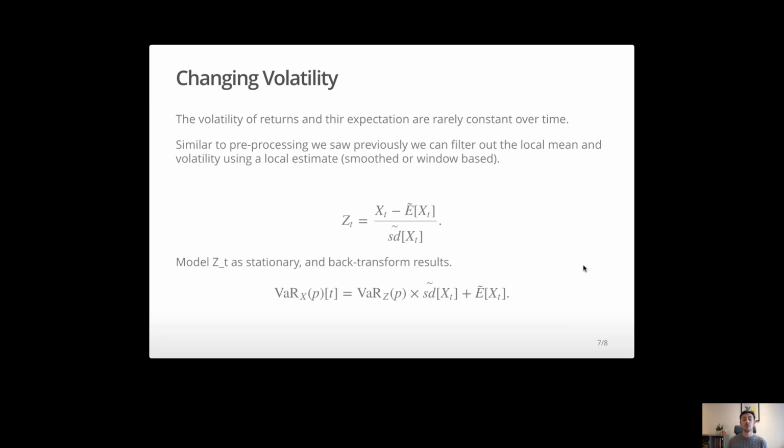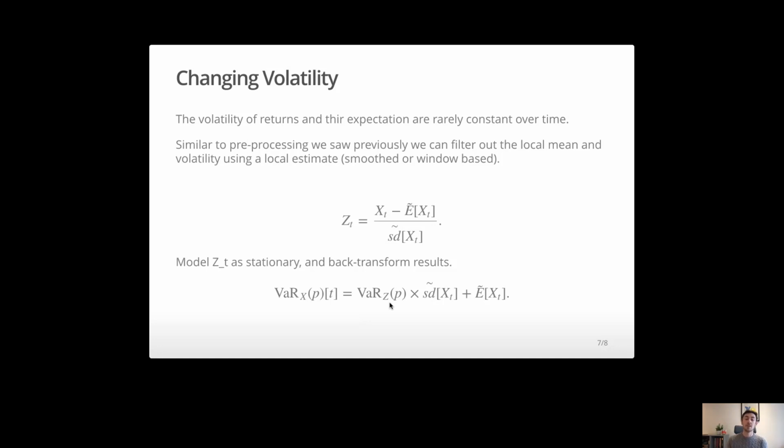So for example, if we've got our filtered process Z and we've estimated its value at risk, and notice here that this isn't going to be a function of time because we've made the assumption that our process is stationary.